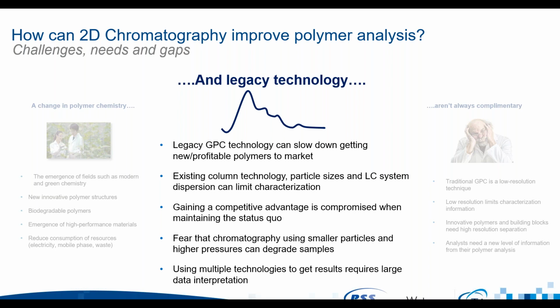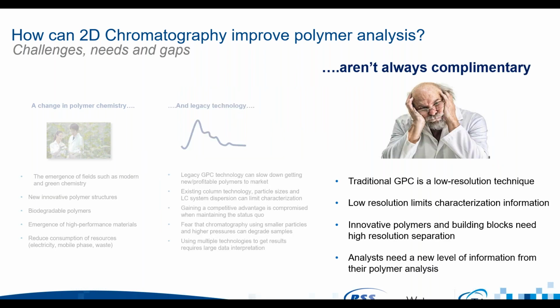Using multiple techniques to analyze a single polymer results in large data interpretation, which I'm sure you're aware of, which is complex, time-consuming, and so these two things aren't always complementary. So the changes in the polymer world and the legacy technology can sometimes butt up against each other, and as I said, slow things down, raise more questions than it answers, sorry.